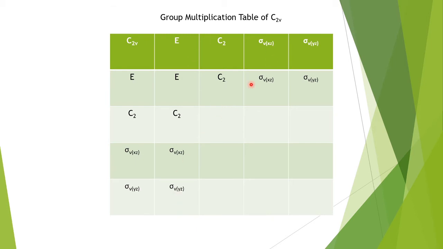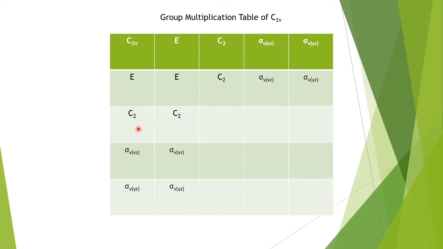Okay, in this particular group, C2V group, every element is its inverse. We know every element will have its inverse, and when we multiply that element into its inverse, we'll get the identity operation. So here C2 is the inverse of C2, sigma V XZ is the inverse of sigma V XZ, and sigma V YZ is the inverse of sigma V YZ.